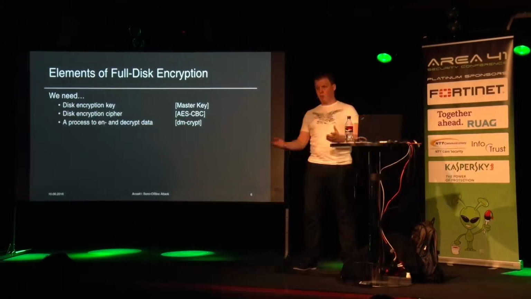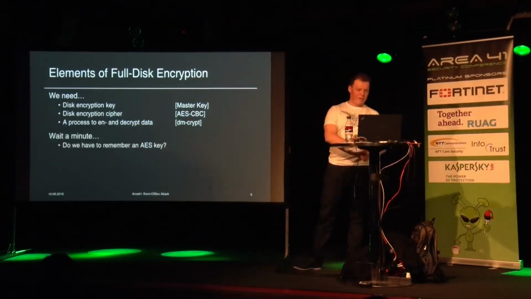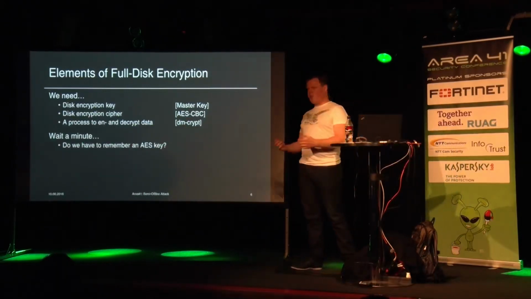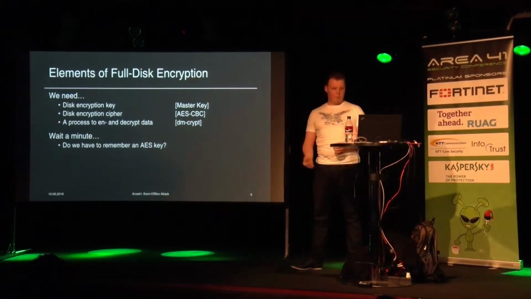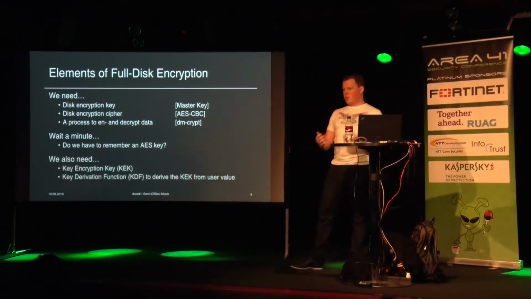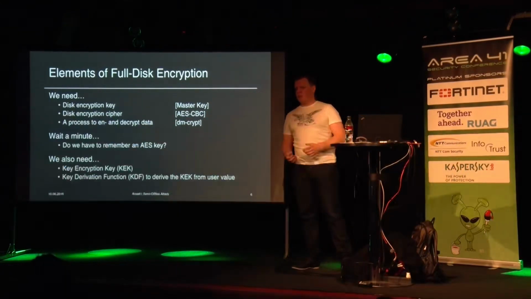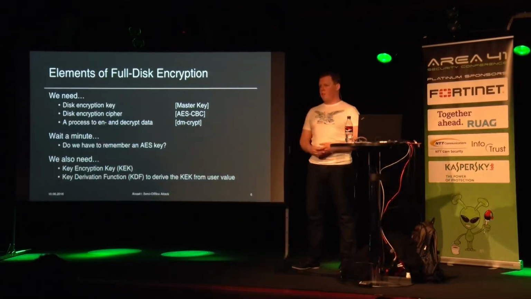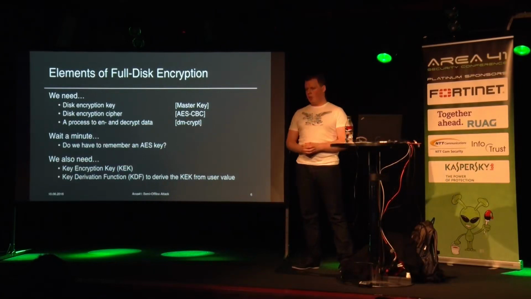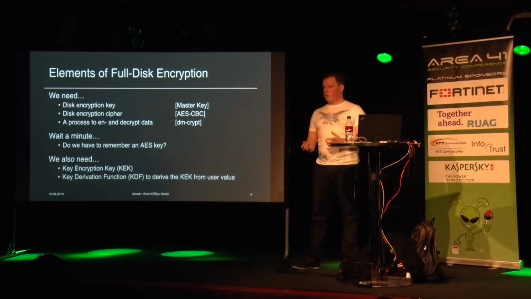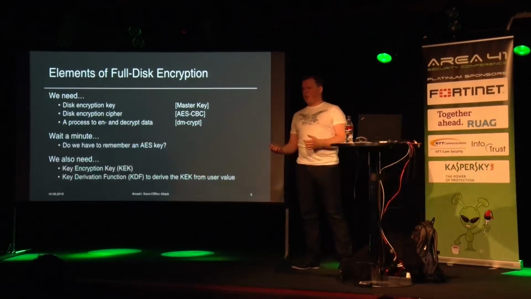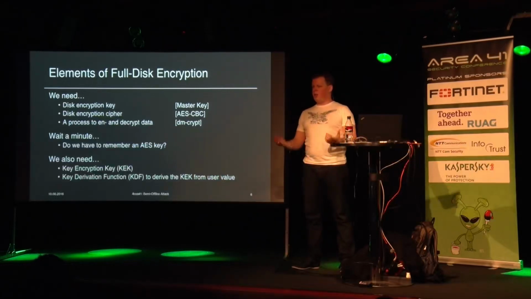Right, and she's probably right, because let's face it, 128 bits. So that's not a good idea, we need something else. What we need is a key encryption key. That introduces a sort of key hierarchy. The key encryption key encrypts the master key. But we still have the problem. To sufficiently secure the master key, we need another 128 bits. Right, not really helpful there.